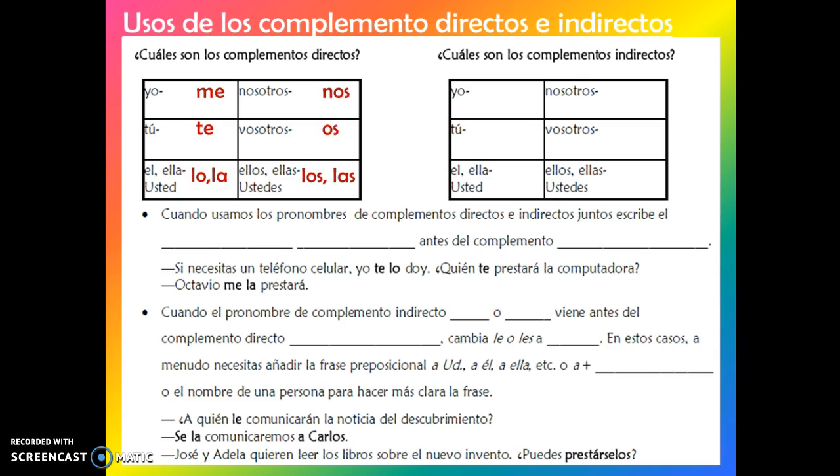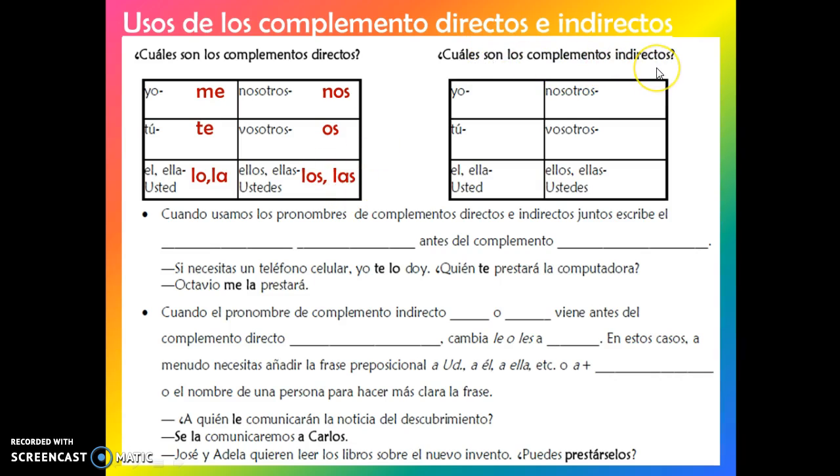So if I ask you, who did you see yesterday? And you told me, I saw my friend. And then I would say, did you see him for a long time? That him is the direct object. And that would be lo in this case. So we got me, te, lo, la, nos, os, los, las.